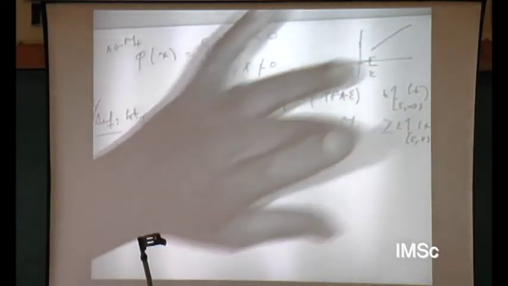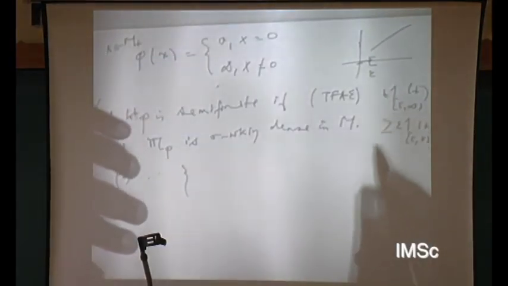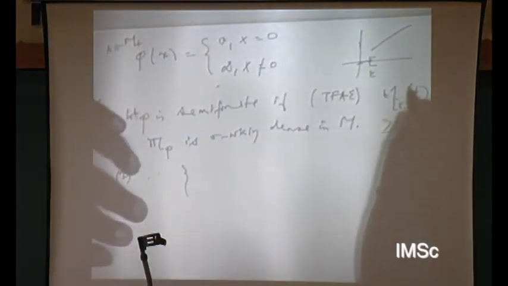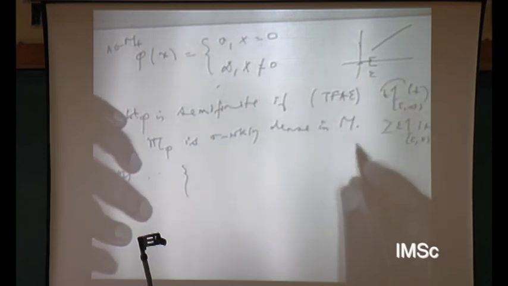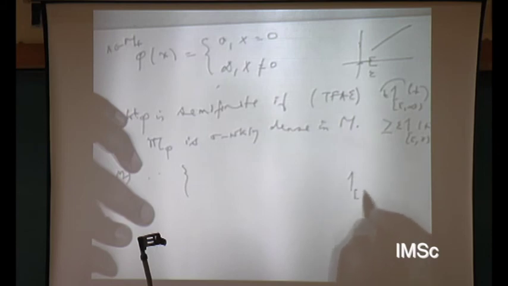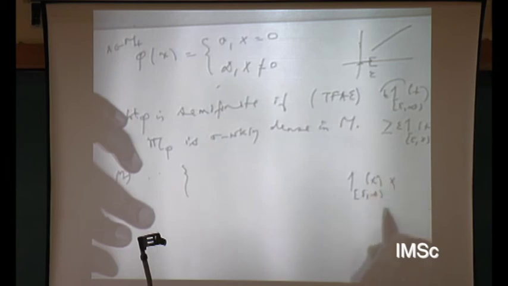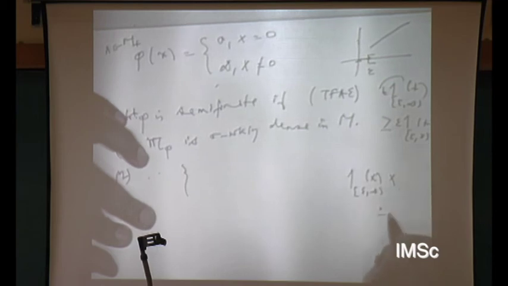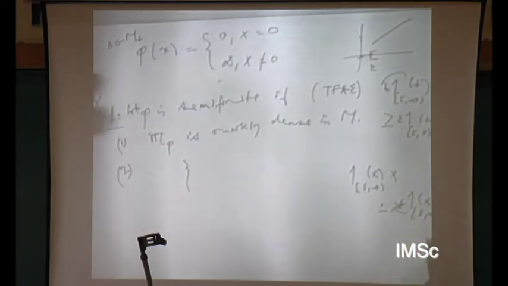But this means, this I can also put on the left side, the two things commute. So this means that the indicator of epsilon to infinity of x times x is greater than or equal to epsilon times the indicator of epsilon to infinity of x, for any positive x.